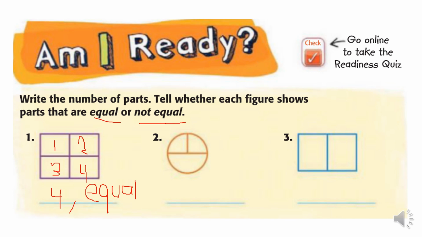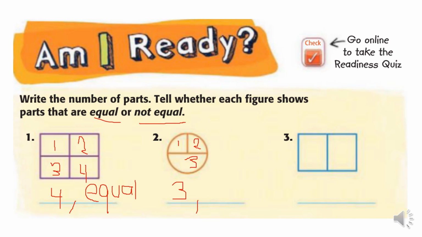Okay, so in the second one, we have a circle and let's see, how many parts does it have? 1, 2, and 3. It has 3 parts. We're going to write a comma. In this one, what do you think? Is it equal or not equal?